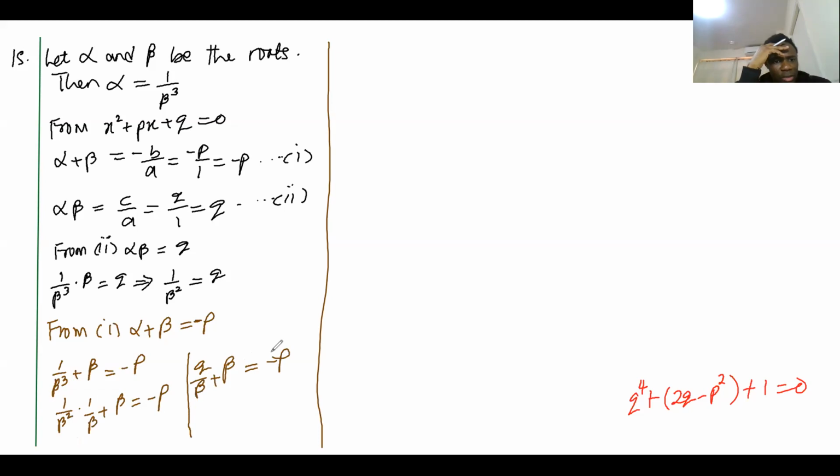Can you see what I did? So this is going to be q plus beta squared equals minus p beta, which doesn't really make any sense. Am I missing something? Is somebody looking at something I'm not looking at? Please let me know.